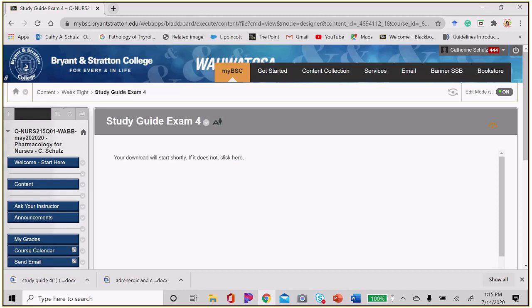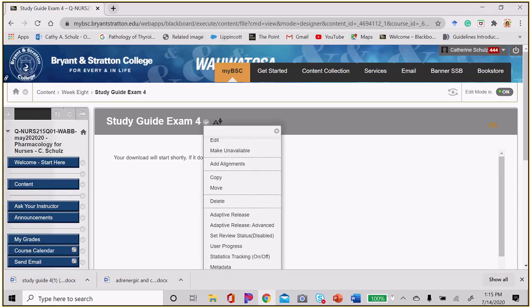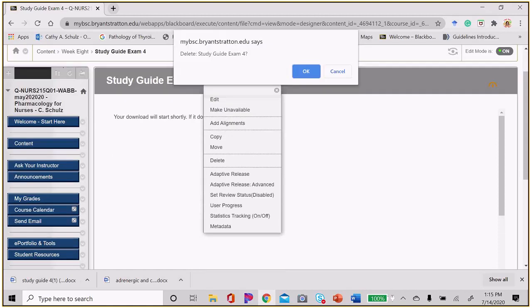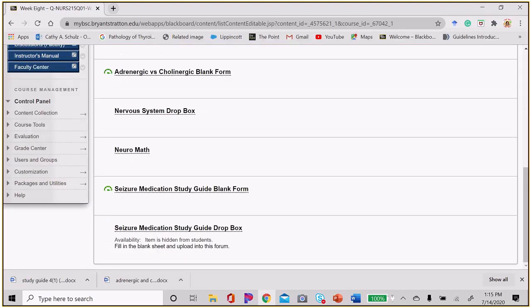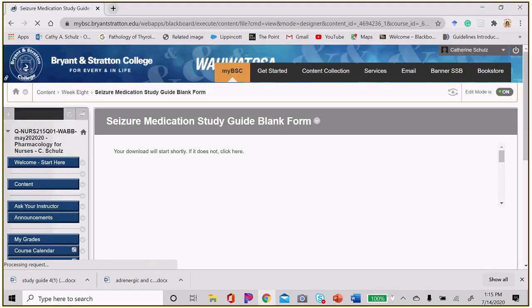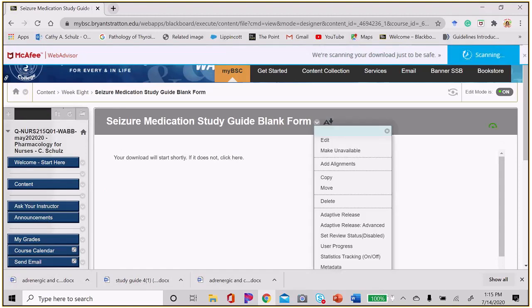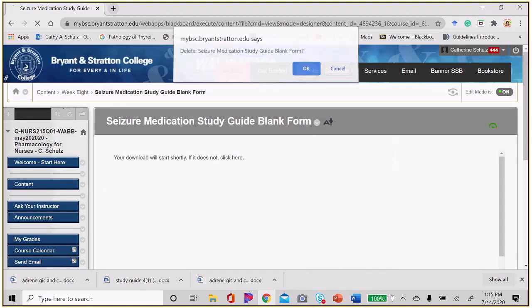So this study guide needs to be fixed too, before you copy that and think that's the medication. So don't look at that. And we'll get rid of this because, oops, nothing is going right today.